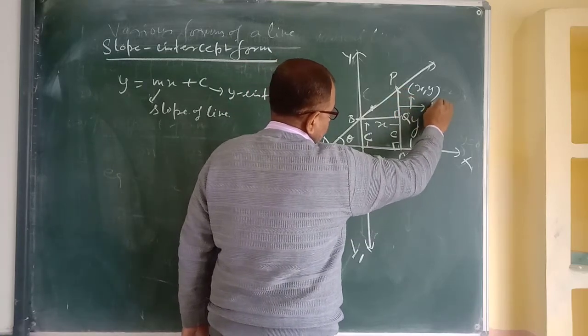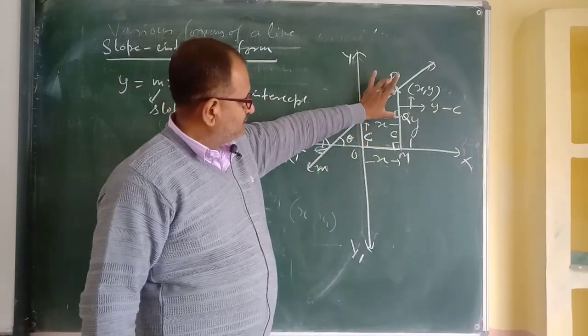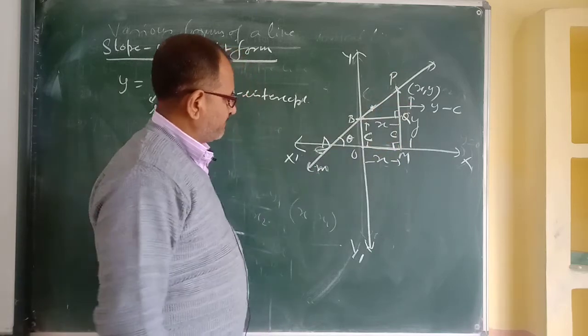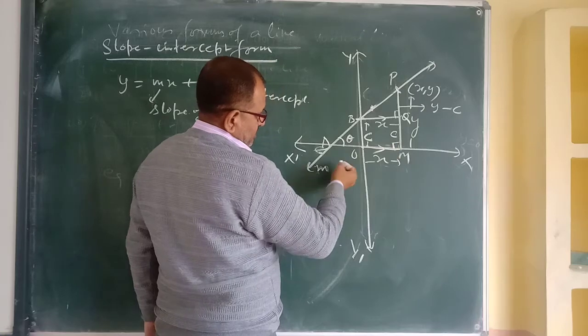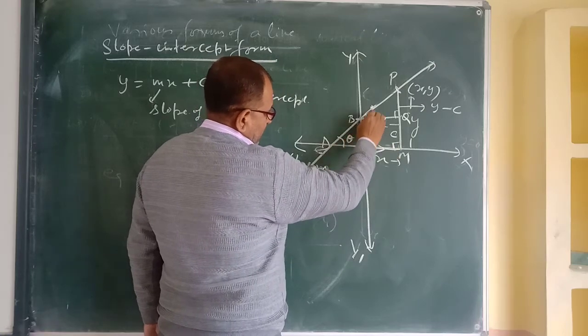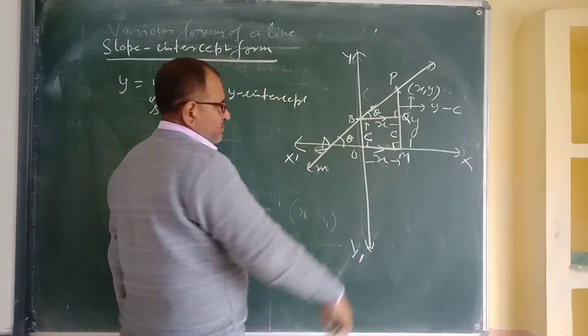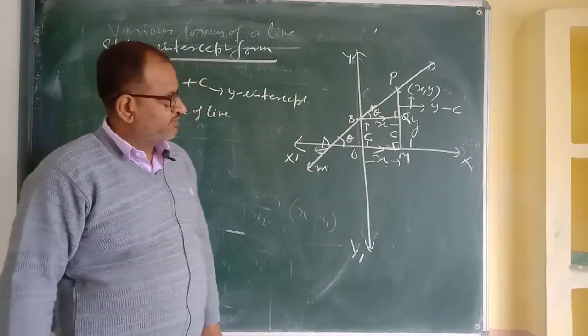PQ will be y minus C, since the total length PM is y and this part is C. BQ is parallel to the x-axis, so this angle theta and angle B are corresponding angles. So angle B will also be theta. Lines are parallel, so corresponding angles are equal.